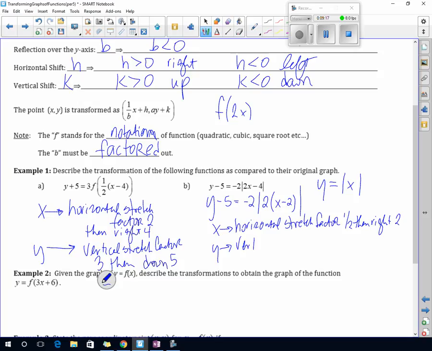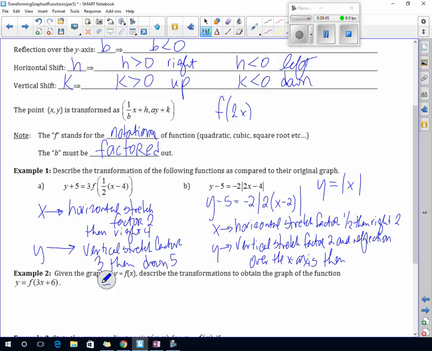What else happens before we shift? A reflection, and a reflection over the what axis? Over the x-axis. Then what happens? Up 5, yeah. Then up 5.